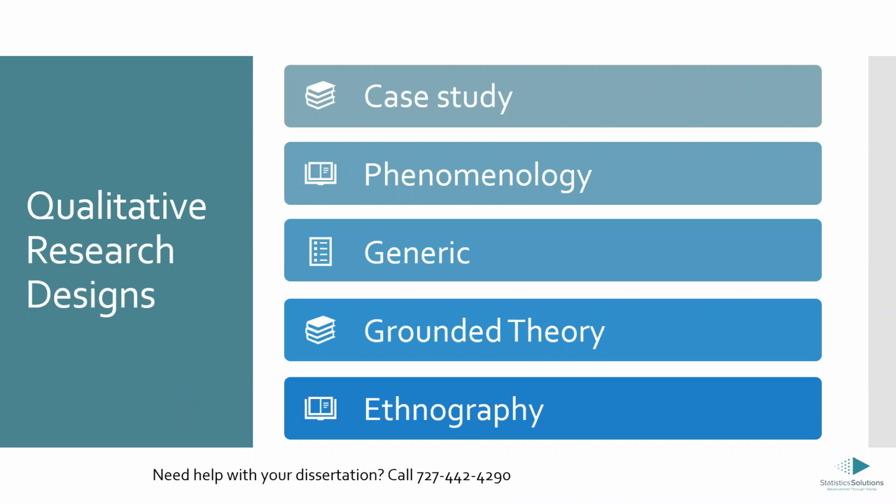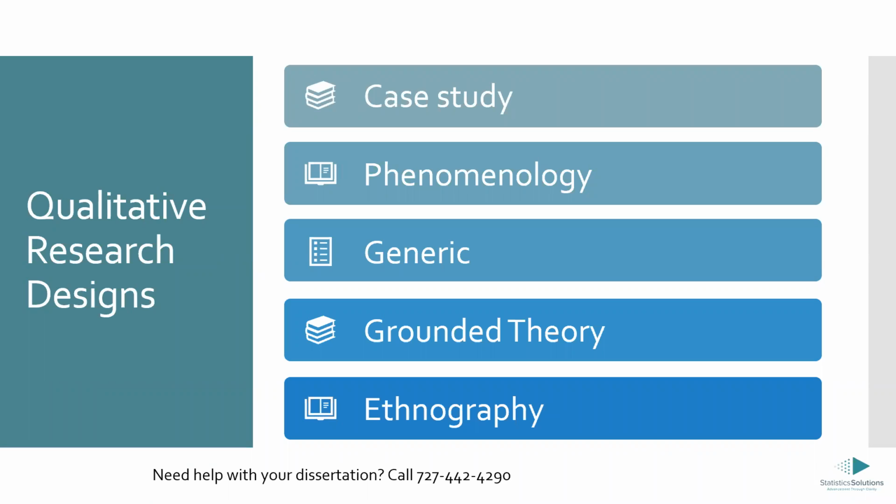Okay, so those are established, and then you get to the research design. So this list is not exhaustive at all of the different types of qualitative research designs that are available to select from. But these are some that I see fairly commonly. So the first three are probably the most common that I see in the graduate students that I work with.